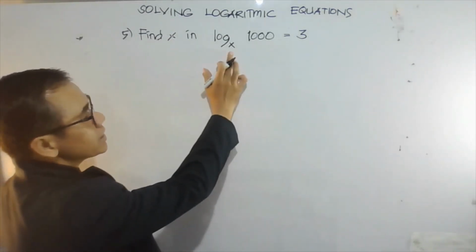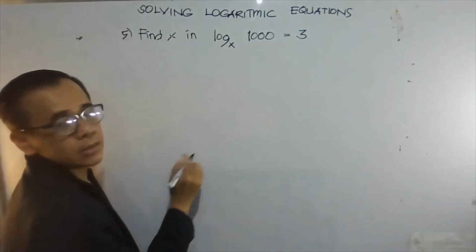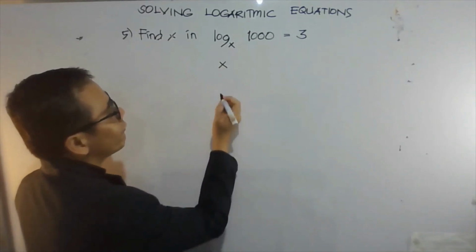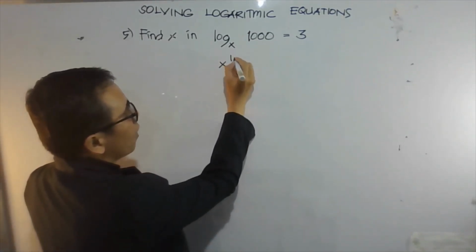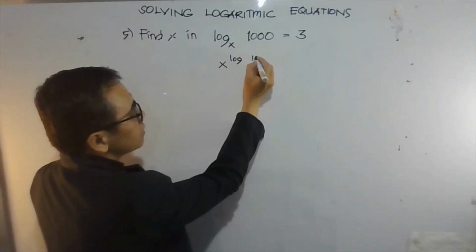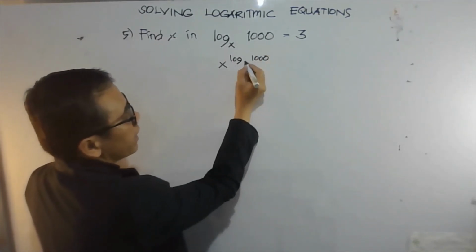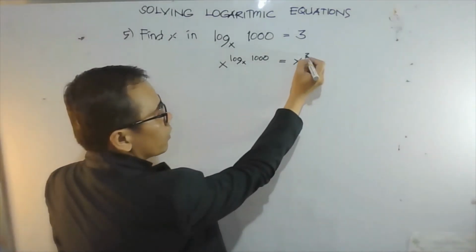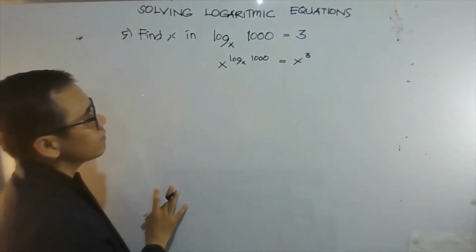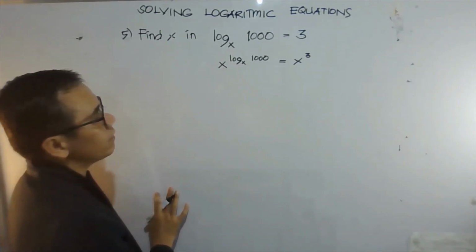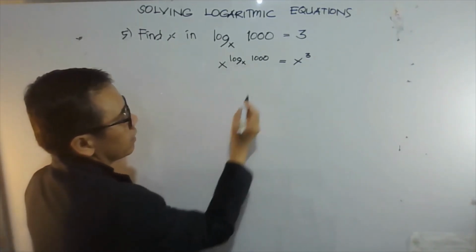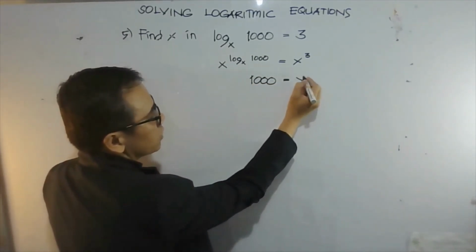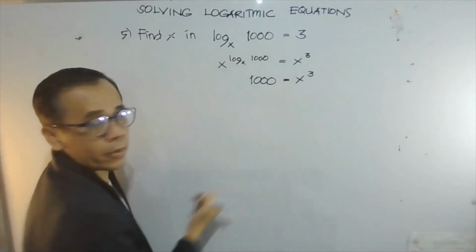Since our base here is x, we have x raised to the power of log of 1000 base x is equal to x raised to the power of 3. We can now eliminate the logarithm from property number 4. This is equal to 1000 is equal to x to the power of 3.